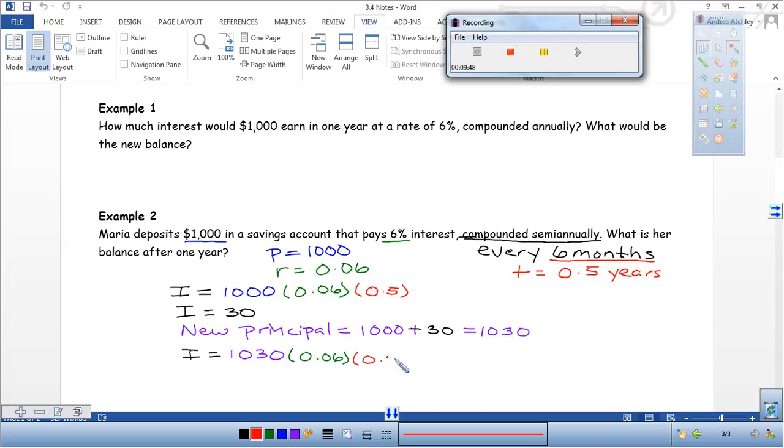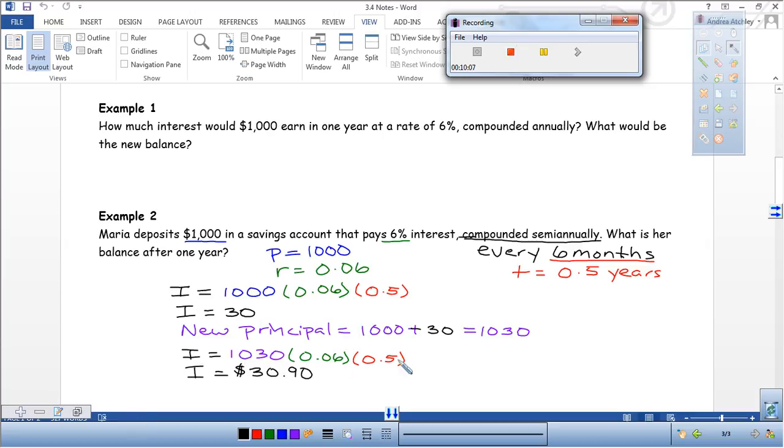Again, it's half a year. Any questions over that? Is this 3.9 or 30.9? Okay. So $30.90. Do we agree with that? Anyone not agree with that? Okay.